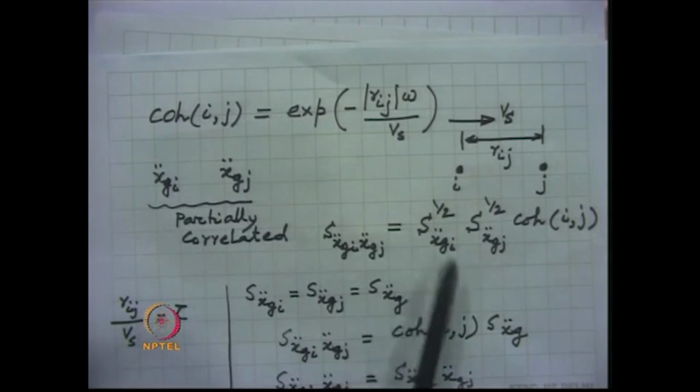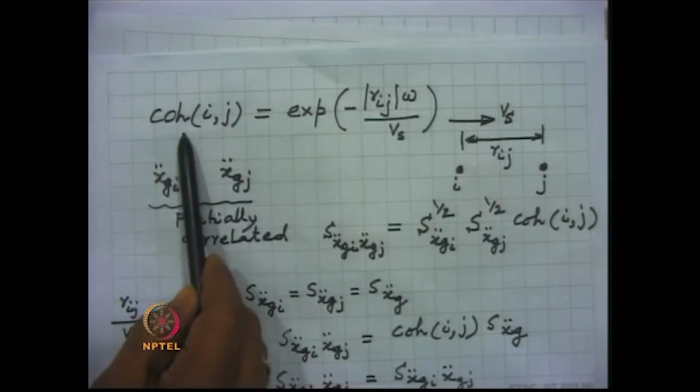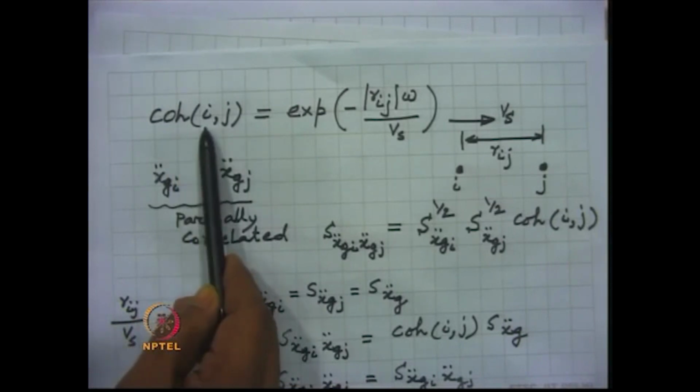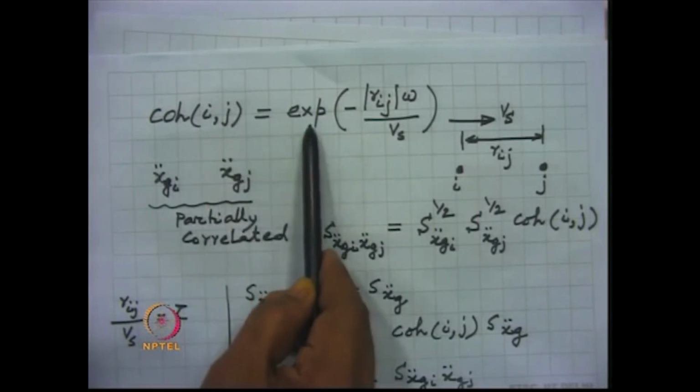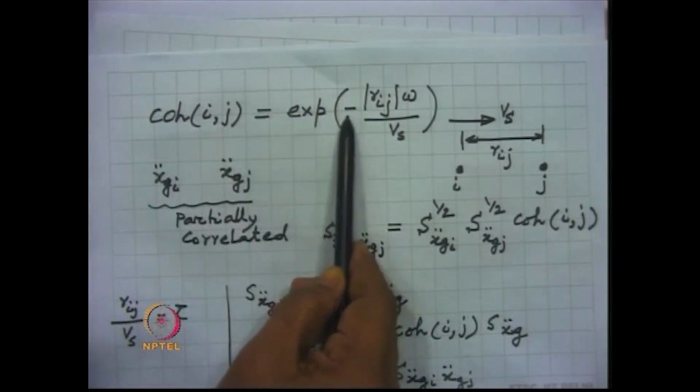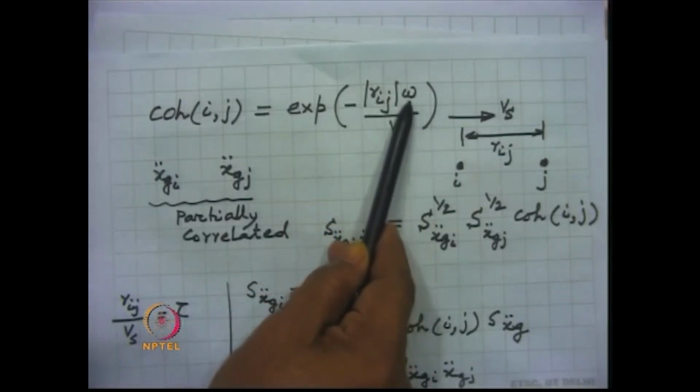Now, once we have done that, then coherence function between the first support and the third support will be equal to exponential of minus this quantity, which will be 10 seconds into omega.